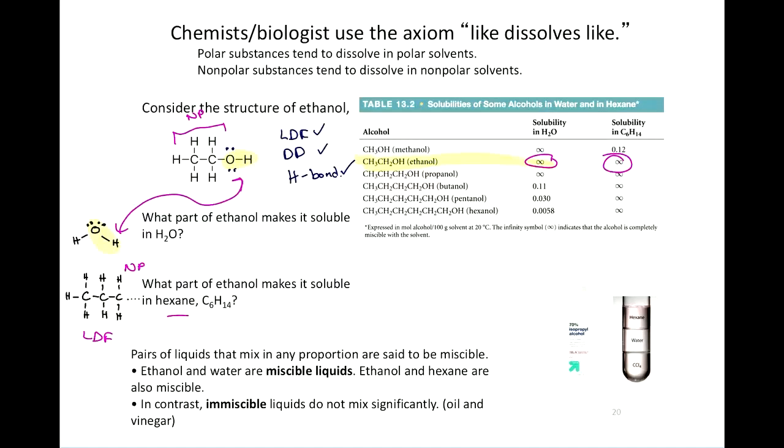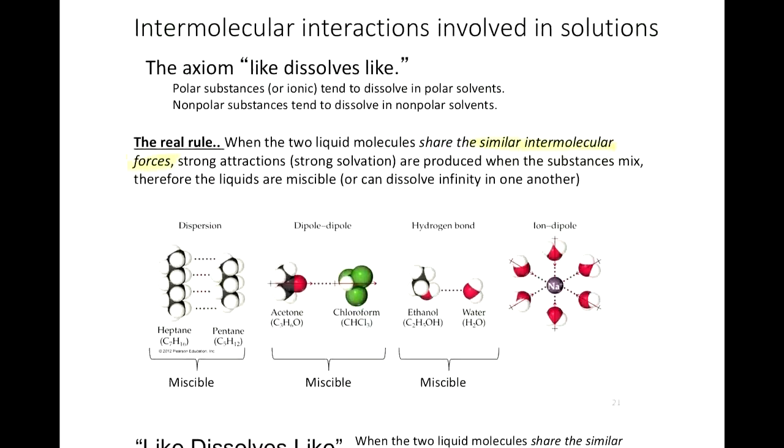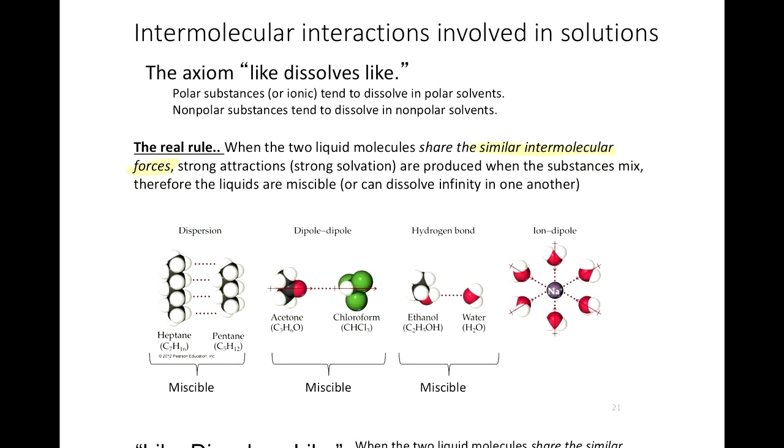All right, let's keep going. Again, like dissolves like works, but really at the soul of it, matching IMFs create strong attractions. That is what produces homogeneous solutions.